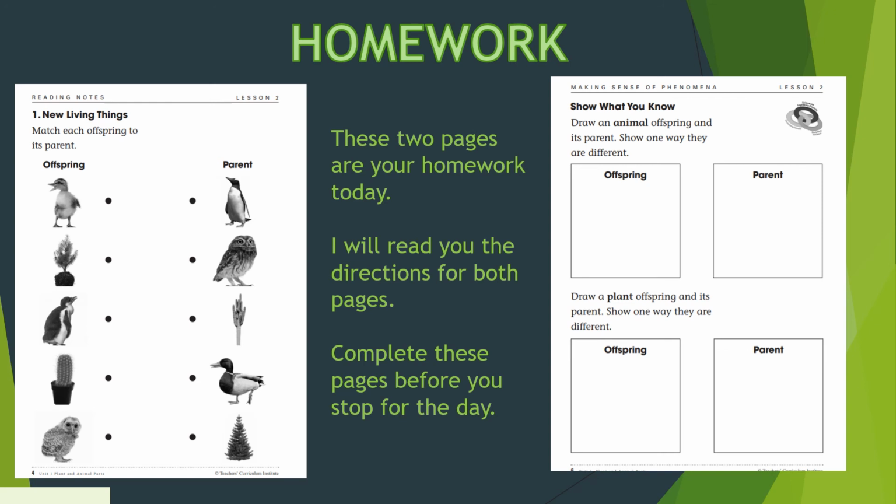So the one with the pictures says, number 1, new living things. Match each offspring to its parents. So look at that first offspring. Which one do you think is the parent for that one?